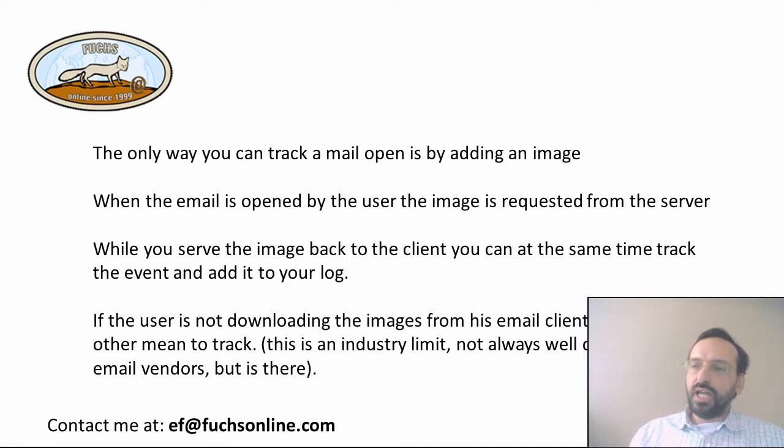In this video, I will show you something more simplistic, but this is the way you can go. And when the email is opened by the user, the image is requested from the server. And while the image is served back to the client, you can track the event and add the email open event on your log, on your database.